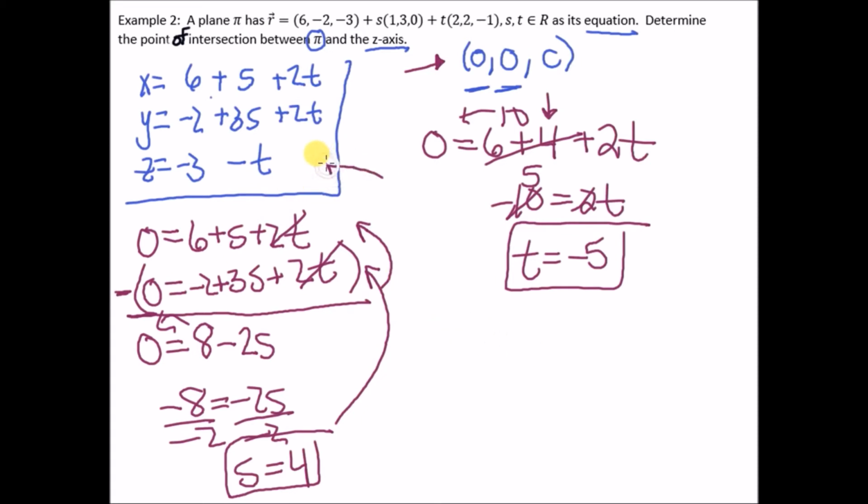So our z component, z equals negative 3 minus t. We actually didn't even need s, but we did need s in order to solve for t because it was easier to find, so that's fine.